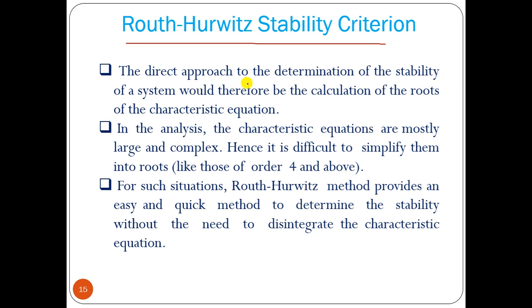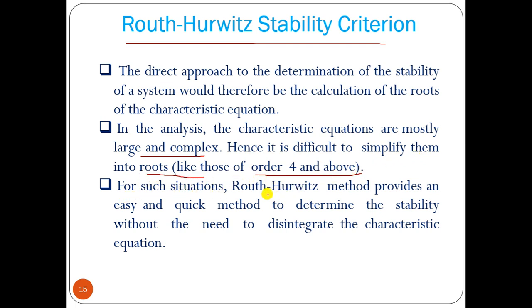This is a direct approach to determine the stability of the system. In this analysis, characteristic equations are mostly large and complex, so we can apply the Routh-Hurwitz criterion. It is difficult to simplify them into roots if the order is 4 and above.